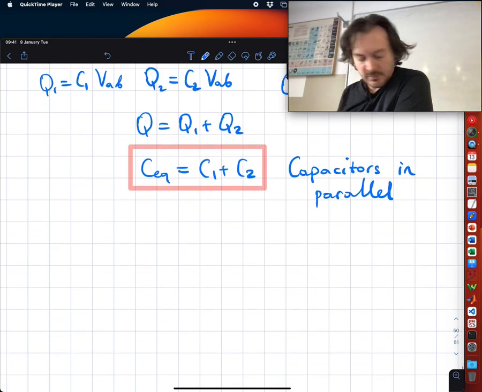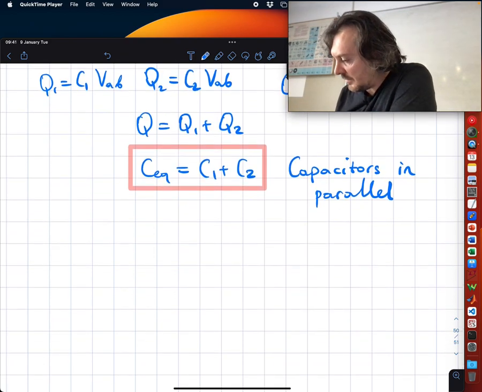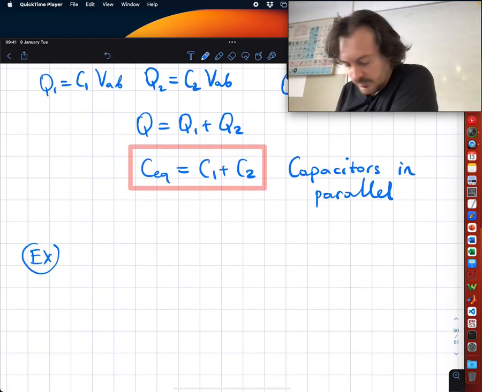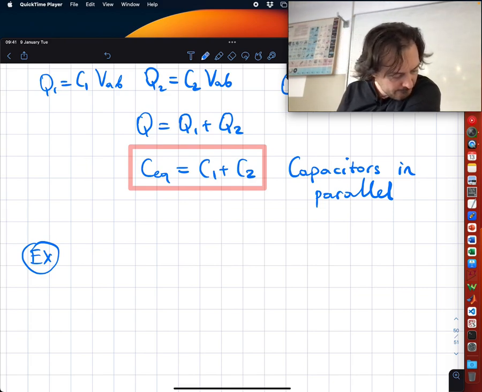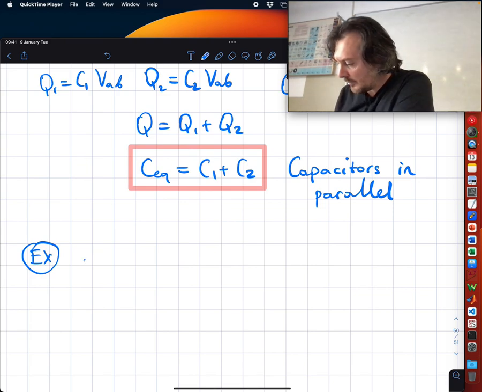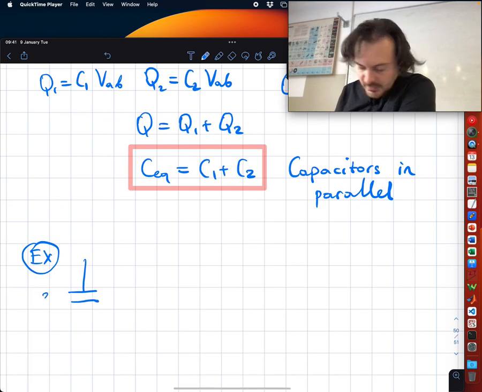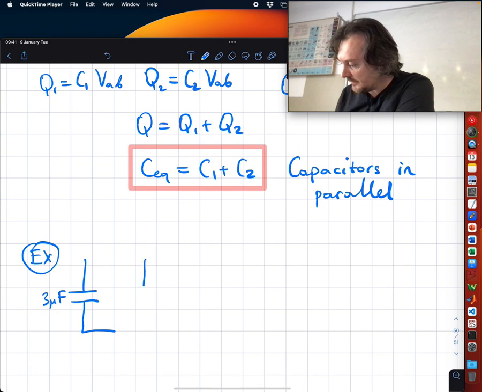All right. Okay, let's look at an example, a very simple example. So I have 3 microfarads here. I have 11 over here. I have 12 and 6 over here.